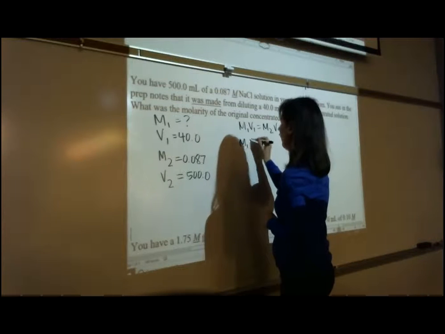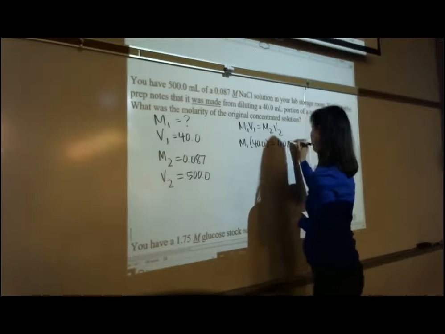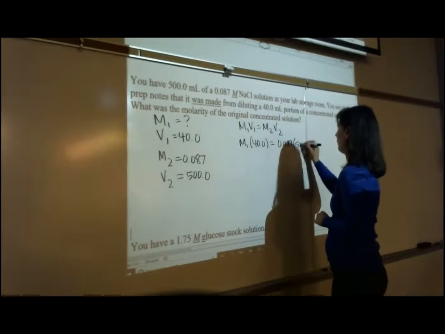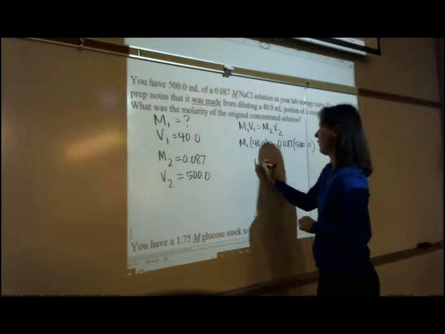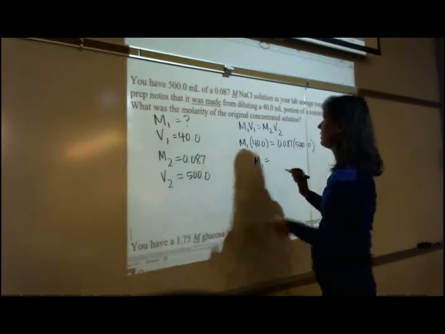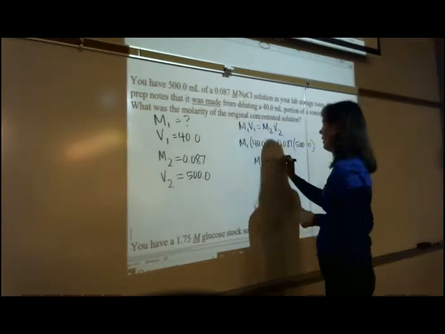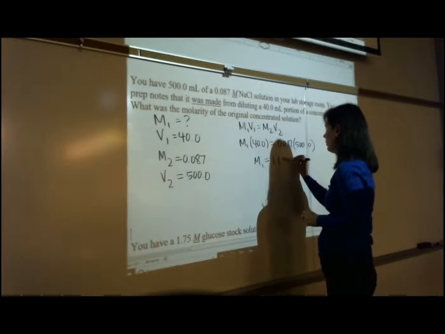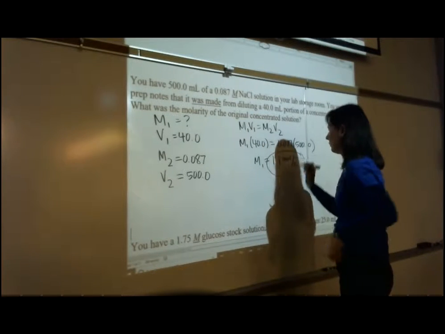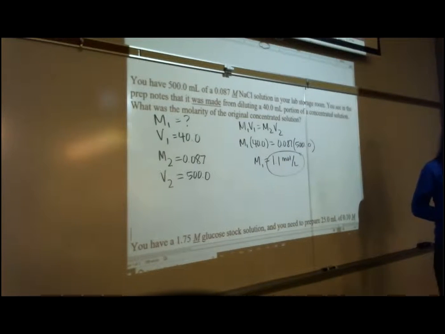So M1 times 40 is equal to 0.087 times 500. So M1 equals, we can only keep 2 sig figs, 1.1 moles per liter. Do we agree on this one? Yeah. Any questions on how we do number 2?